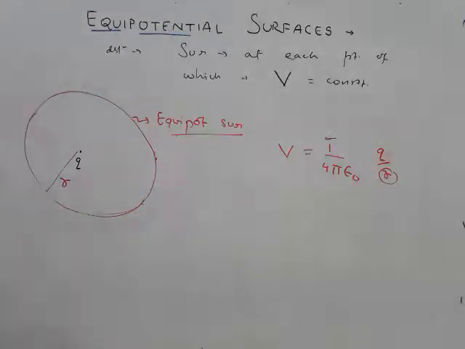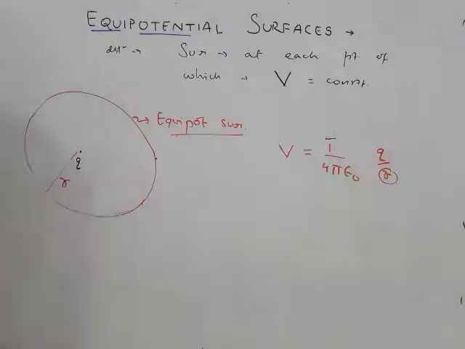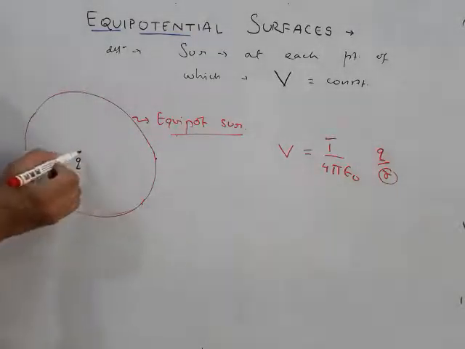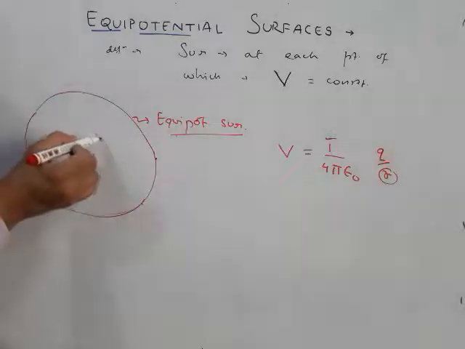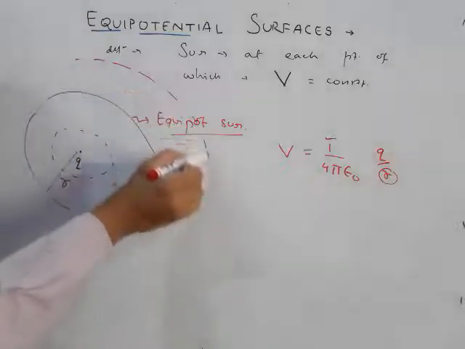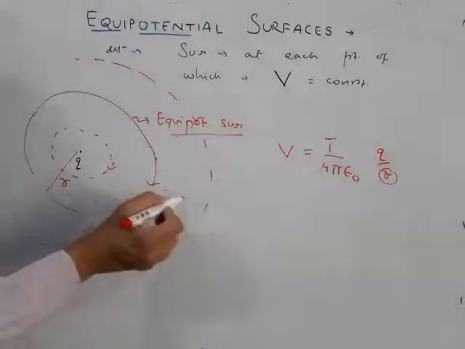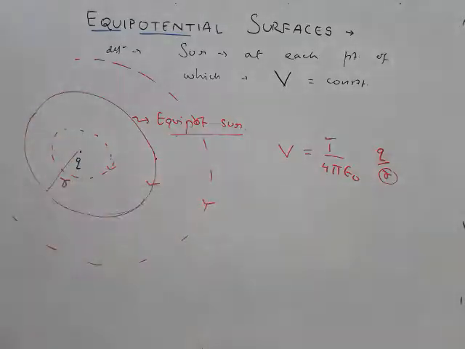Now we can draw different equipotential surfaces. For example, one equipotential surface we have considered over here. If I choose a point over here, then all those points which are at this particular distance will form a smaller sphere. Likewise, we can form a still bigger sphere, like so. All these spherical surfaces are equipotential surfaces due to this point charge.